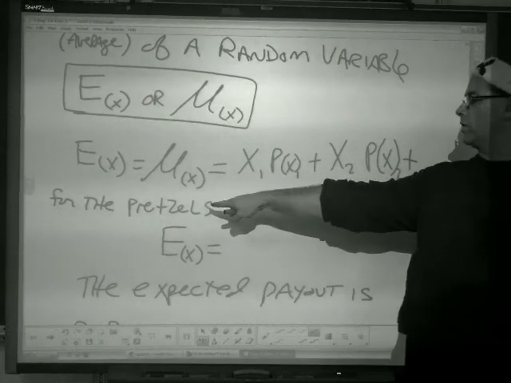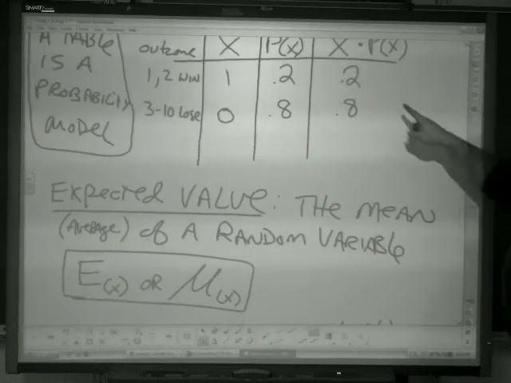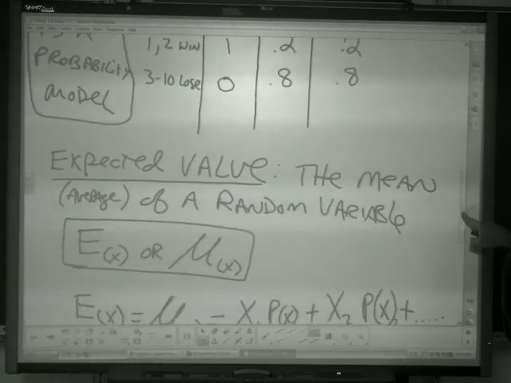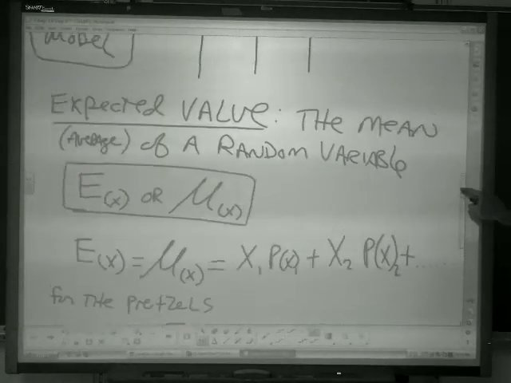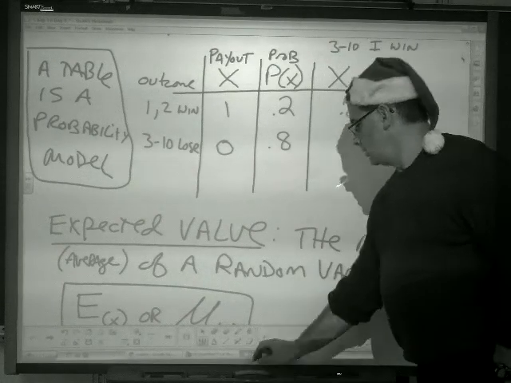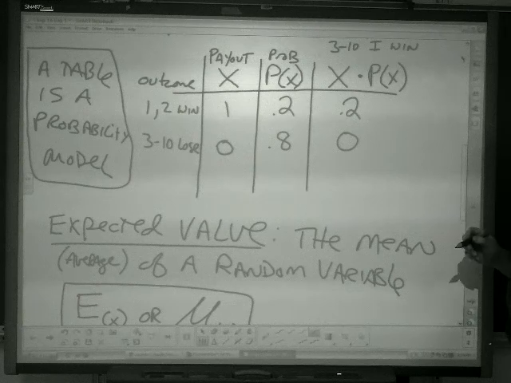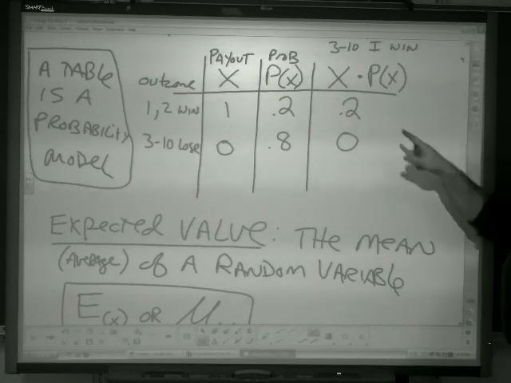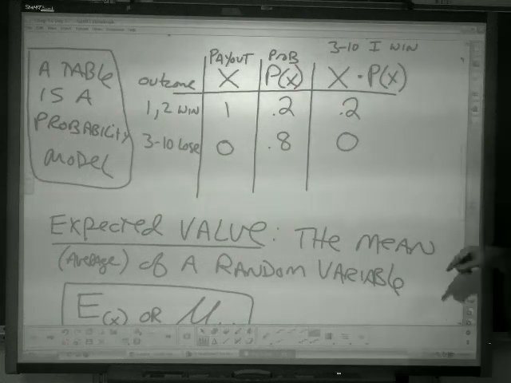So for our pretzel activity, we had, let's go back up, 0.2 plus 0.8. So I'm sorry. Do you notice my math mistake here? 0 times 0.8 is 0. I know what you're thinking the whole time. Mr. Pat, it's 0. Yep. Okay. 0.2 plus 0. 0 times 0.8 is 0.